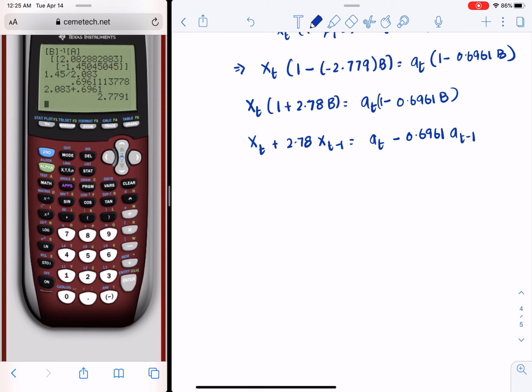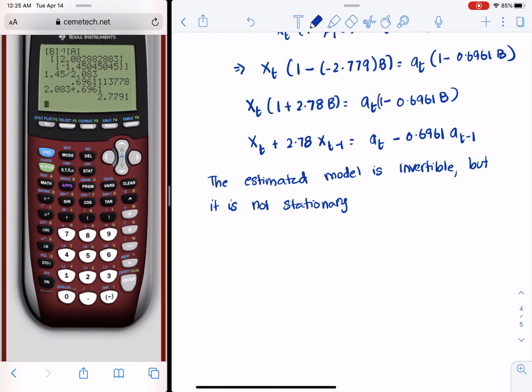We have to make an important note here that this model that we estimated is invertible, but it is not stationary.